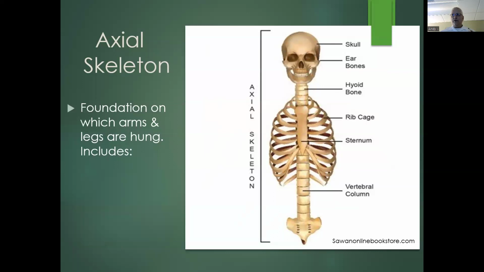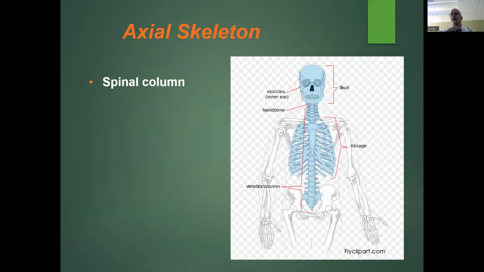So what does the axial skeleton consist of? Just like we see, it consists of the skull, the spinal column, and the thorax. So let's look specifically at the spinal column. You have 33 vertebrae in your body. They're very tough.